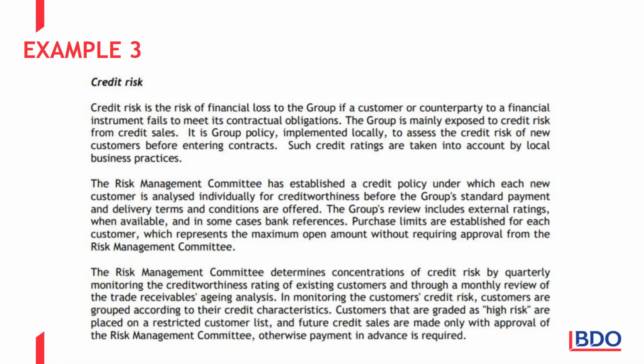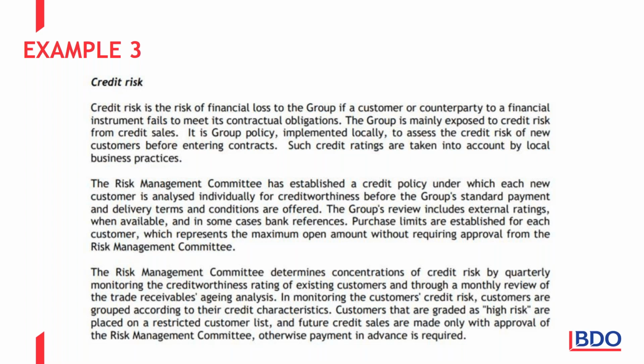They've established a credit policy, which is great, and they analyze individually credit worthiness before payment and delivery terms are set. So they're talking about their credit risk management policies. They talk about bank references being obtained. They talk about purchase limits being established. So that's quite unique. That's quite specific. It's actually specific to this entity.